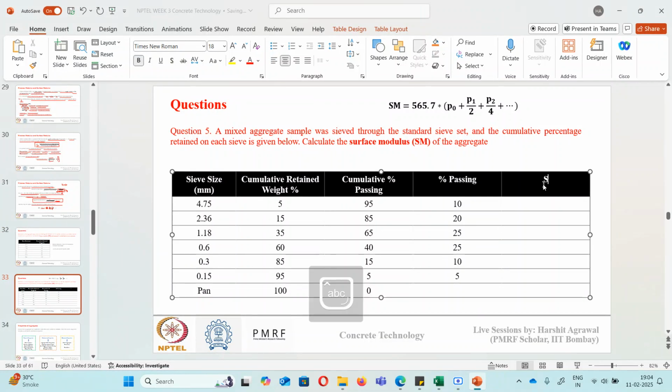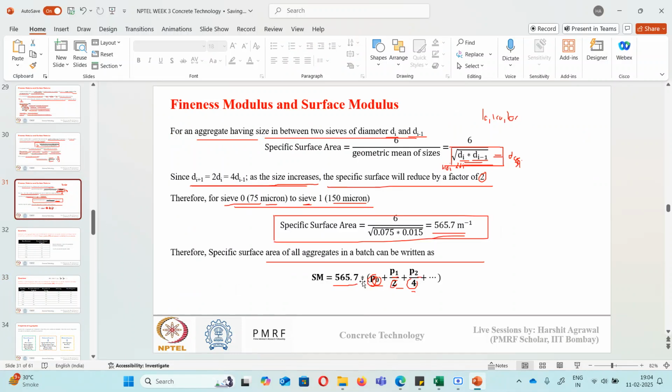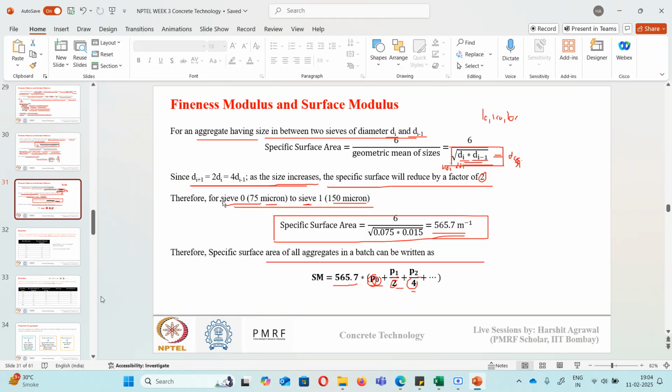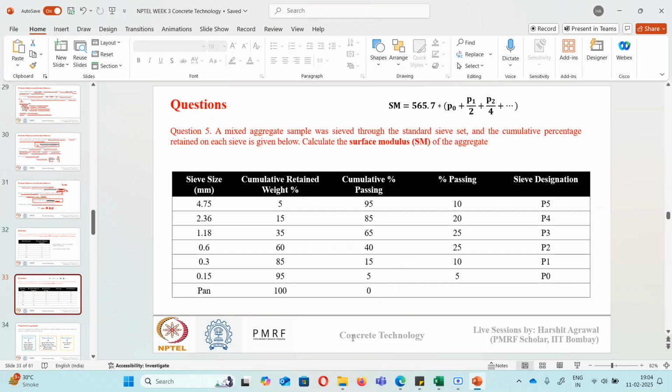Now, what is my sieve designation? For P naught, P1, P2, I need to know the sieve designation. So P naught is this sieve, P1 is this, this is P2, this is P3, this is P4, and this is P5. If you see here, I had denoted sieves like this. P naught is this sieve, 0.15 mm, sieve 0 to sieve 1, that I represent as P naught.